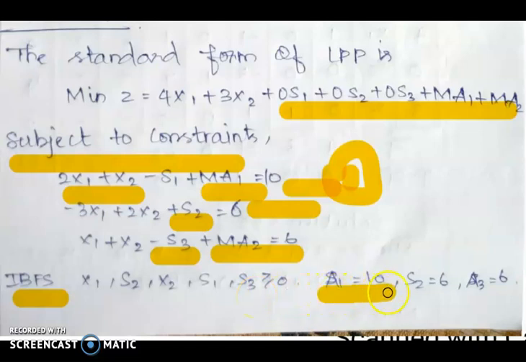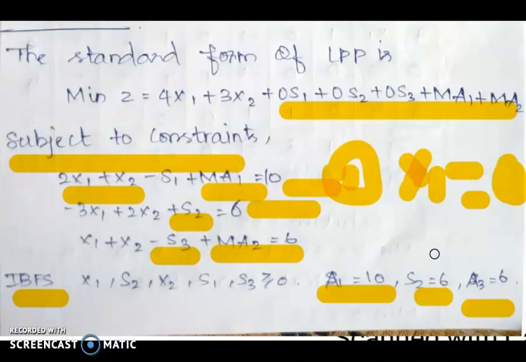Applying these in the equations, we get the artificial variable a1 equal to 10, s2 equal to 6 and a2 equal to 6. This is the initial basic feasible solution to start the iteration of the Big M simplex method.